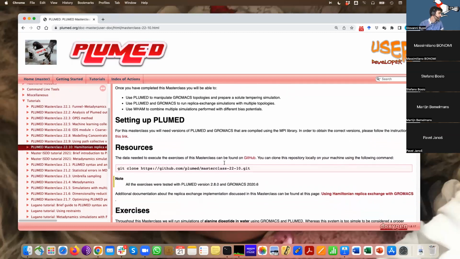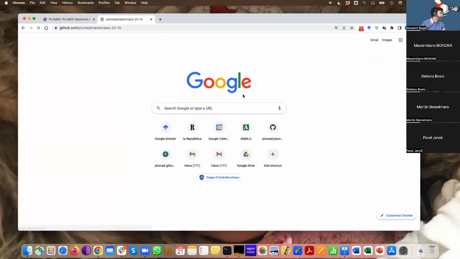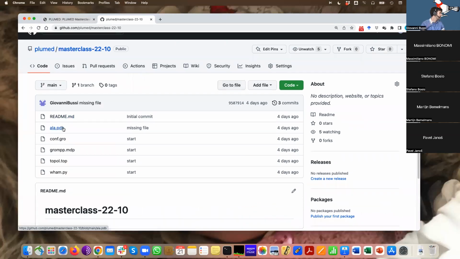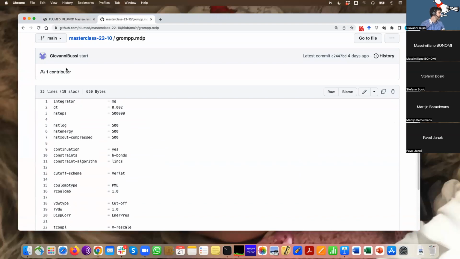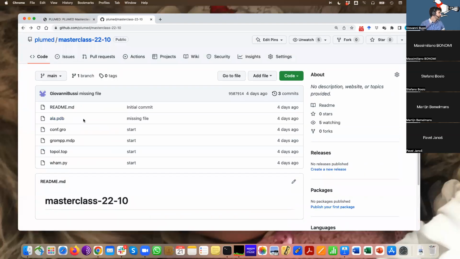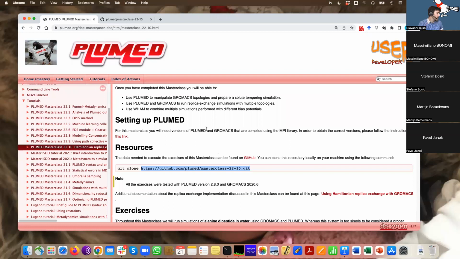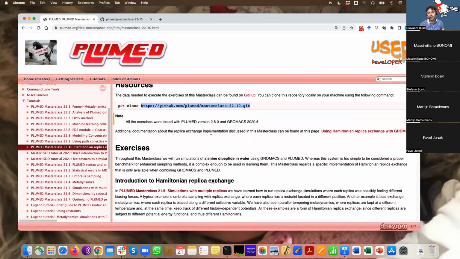potentials. So as usual, you will find everything in a single repository. Let me check here. Yes, so you have the input file, standard one, standard parameters. We will play with alanine dipeptide in water. It doesn't make sense to do solid tempering in vacuum because there is no solvent. I was thinking of using some more complicated system, but I realized that even for alanine dipeptide in water, you need significant time to run the exercises.